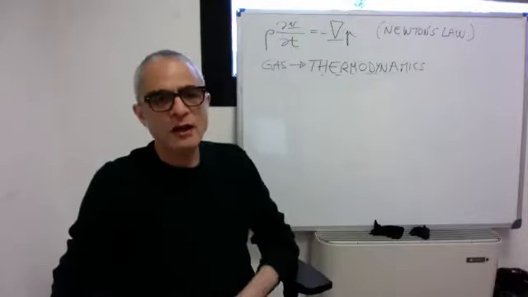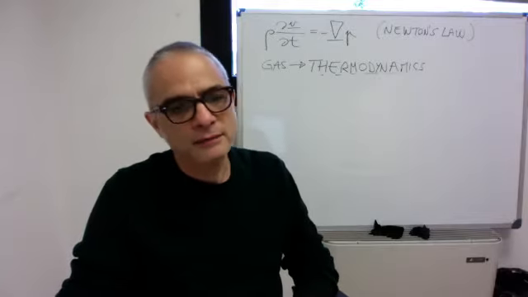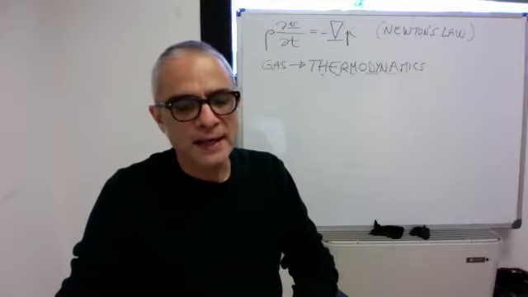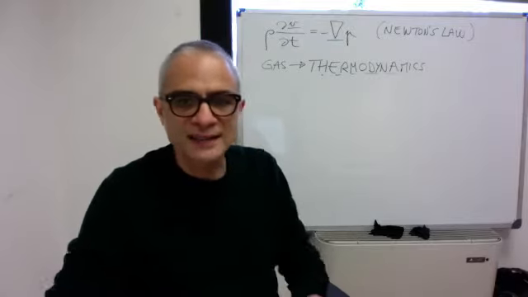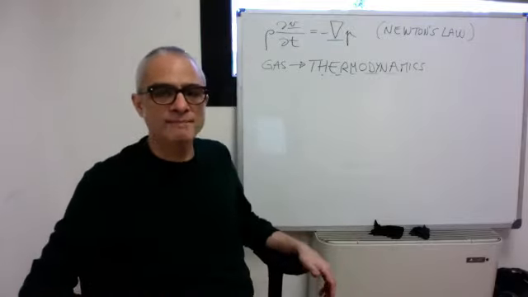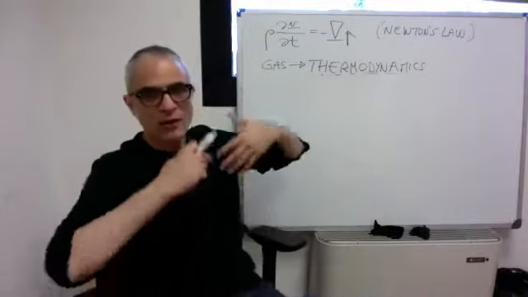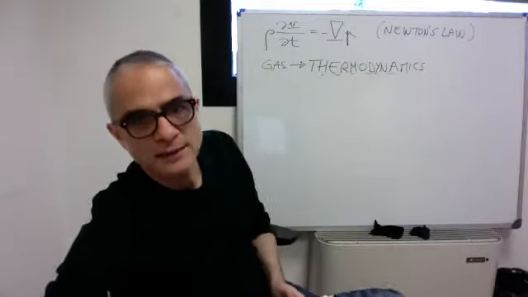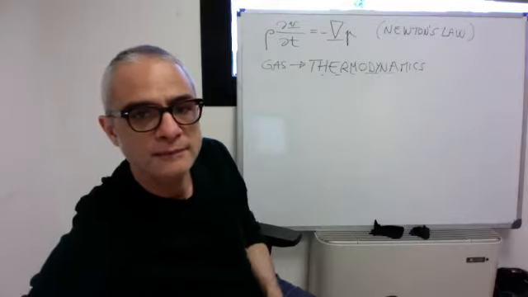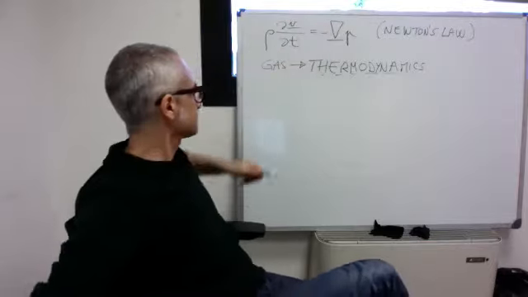The pressure, the volume, the temperature of a gas are related together by some empirical laws that are the laws of thermodynamics, and we might say that they are independent, or in any case, they provide some further information about the system than the information that's already contained in Newton's law.